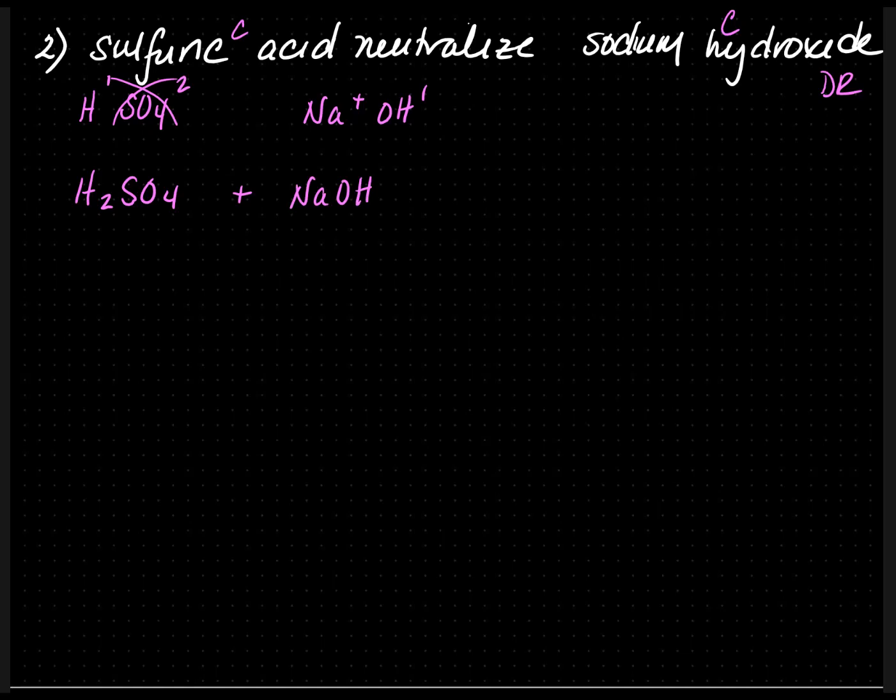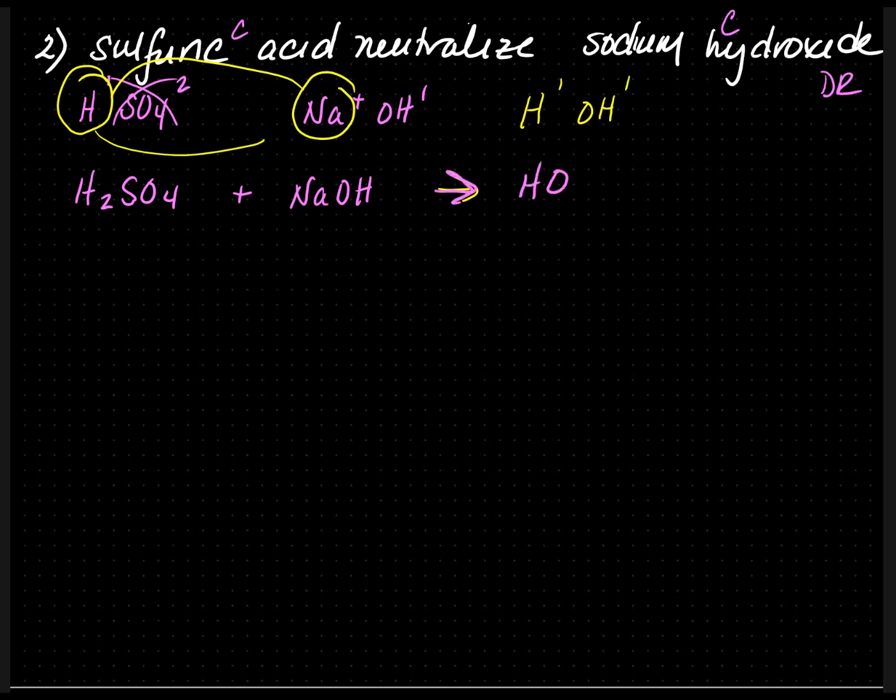Since it's a double replacement, the hydrogen will behave like a metal, and the acid, because it's at the beginning, will replace the sodium in the hydroxide. When you do that, we have H, charge of 1, will combine with OH, which has a charge of 1. If you notice, that is water. I'm going to write water as HOH. You could write it as H2O. It is up to you.